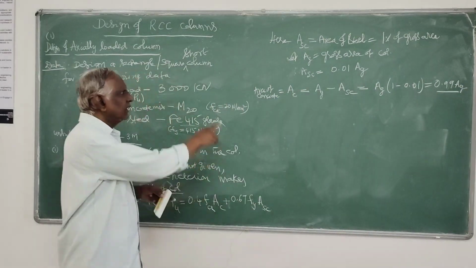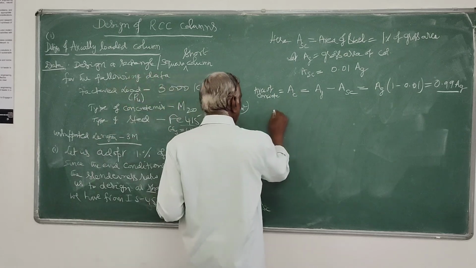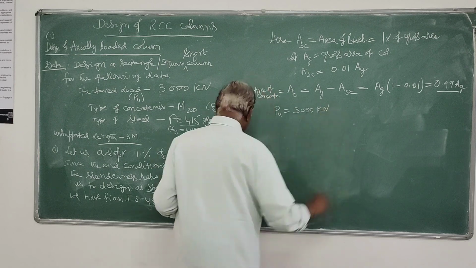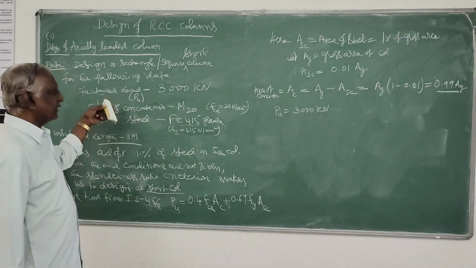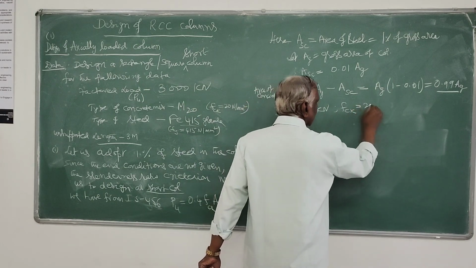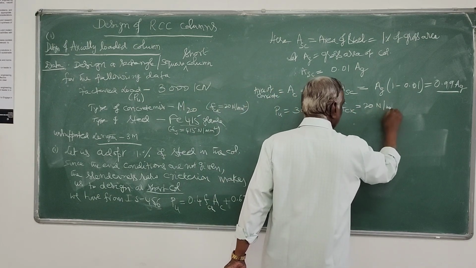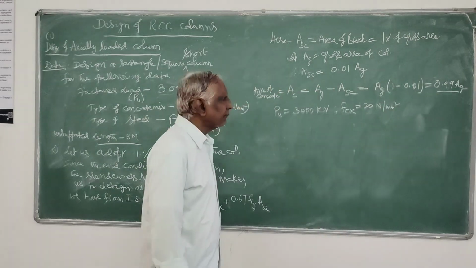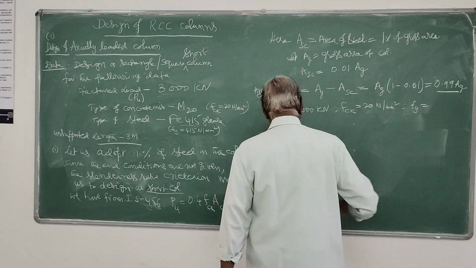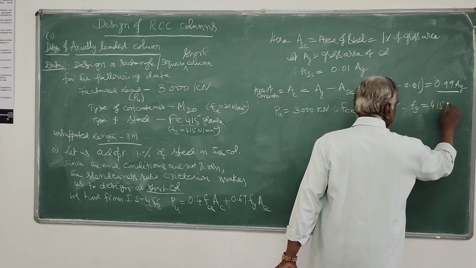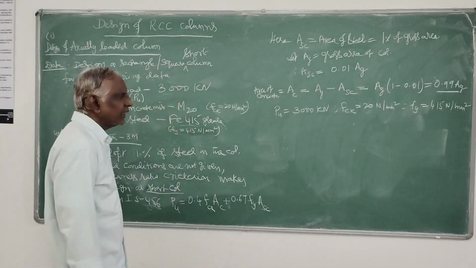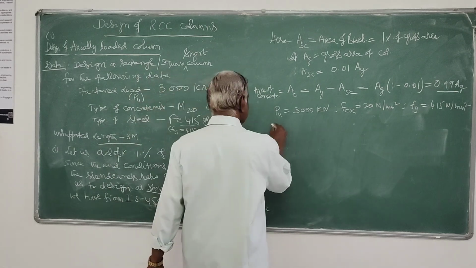That is your Ac. Therefore, Pu is given as 3000 kilonewtons. That's given in the problem. And fck, because M20 means it is 20 Newton per millimeter square, and fy, because it is Fe 415 grade, we have to take as 415 Newton per millimeter square. These I have already told. Substitute all these.